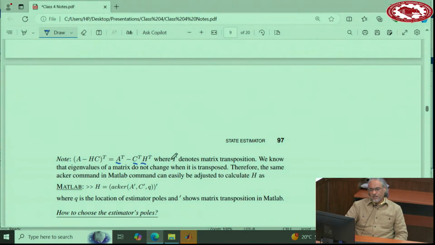Okay? So, if you look at this one, it is A minus a known matrix into an unknown matrix. So it's similar to A minus BK. Right? So the same approach, the same ACKER command that we use to design K, now you can use to design H. You only need to transpose A and C first, and this is the way you transpose in MATLAB, and then choose the location of the eigenvalues of A minus HC or estimator, and then once you calculate it, transpose it.